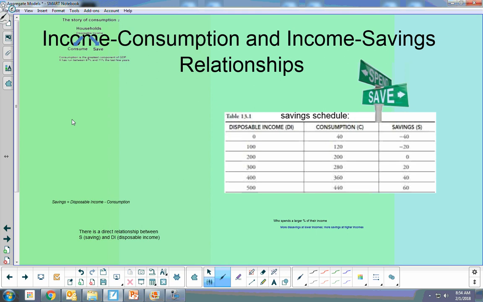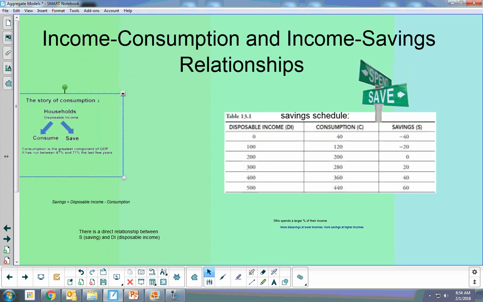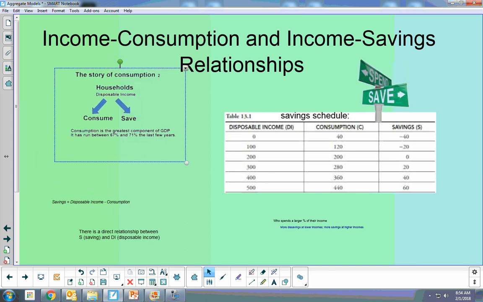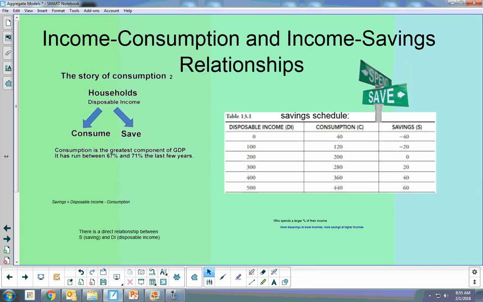What are the two things that you can do with money? Spend them and earn them. Spend or save. That's it. You can earn money, but that's not what you do with it. That's how you get it. You can spend or save. So in the GDP equation, C is the largest variable.